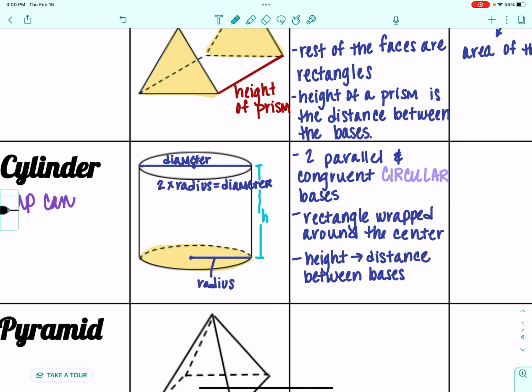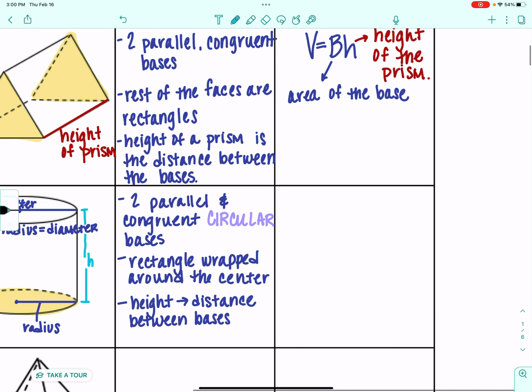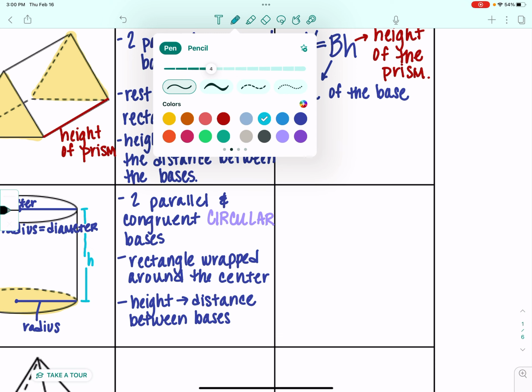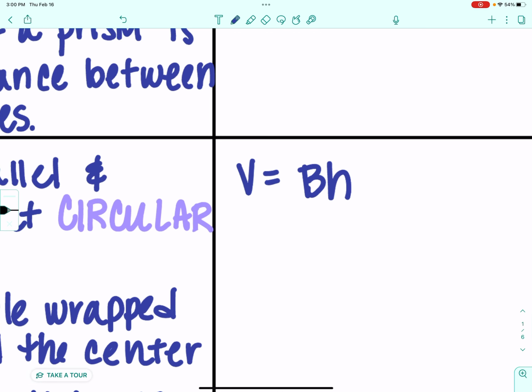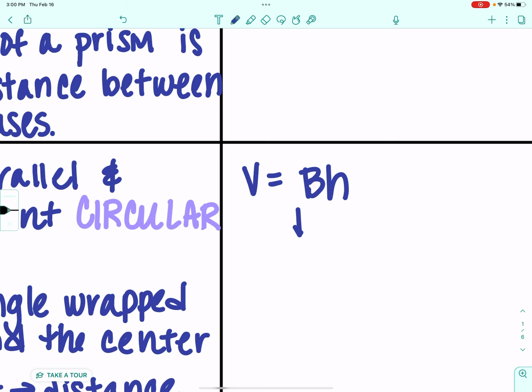We're going to use the same idea for the volume formula as we did with the prisms. Volume is still area of the base times the height. But because with a cylinder you only have one possibility for a base, we can be a little more specific with our formula. We know the base is a circle.